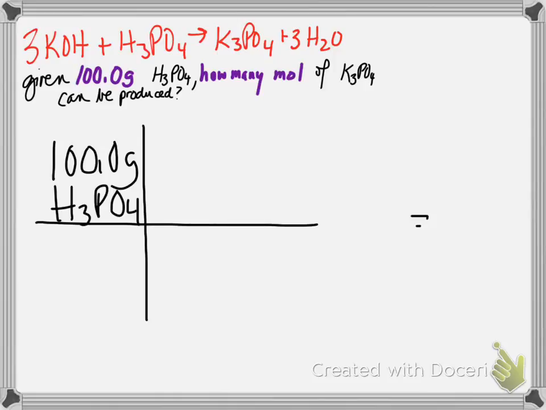It's always nice to keep our eye on the ball. What units and chemical do we want to end up with? What units and what chemical do we want to end up in? Okay, so we're starting out in grams of phosphoric acid.